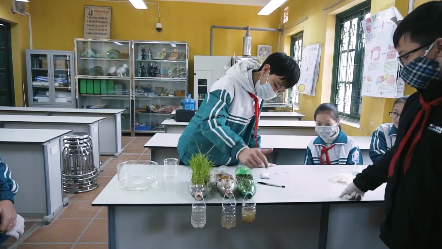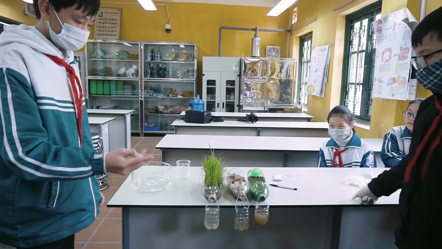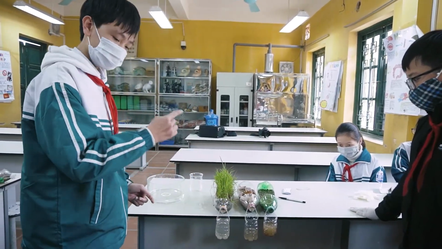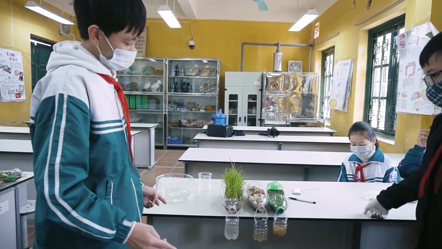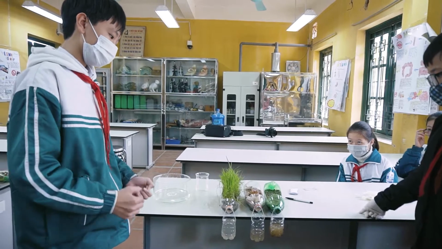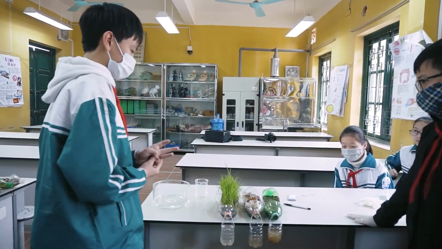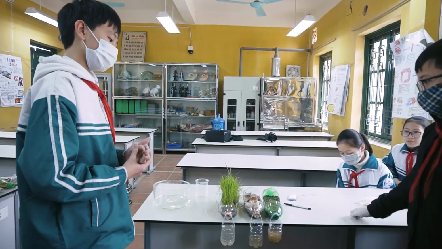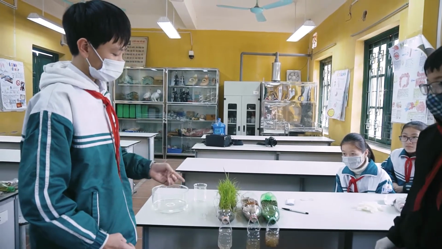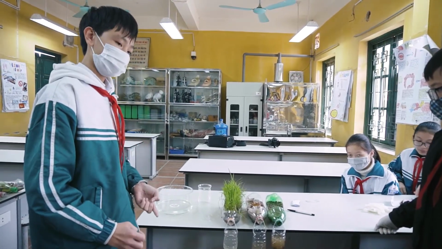And as you can see, this bottle has dirty water, and it's dark. What makes it so dark? It's dirt and soil. So you can know that the soil is brought with the water. So the soil may flow with the water and it may disappear.